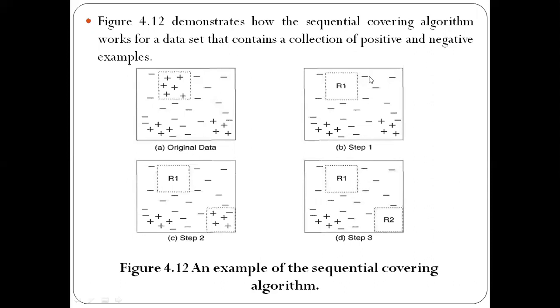So in the first step, we have found the rule R1. Next, again, we will search for the positive examples which are near to one another. These are the positive examples that are nearer to one another, which we will cover using the rule R2. Next, we can go for the third rule, R3, which is going to cover this positive example.